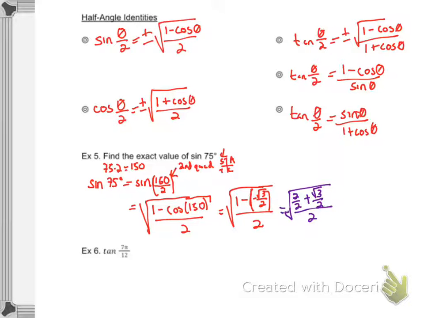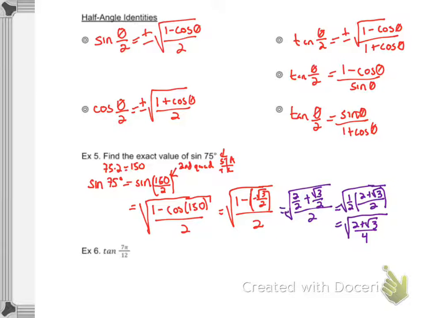We can rewrite this to make it just a little easier to see, maybe a little less confusing, as the square root of 1/2 times 2 plus the square root of 3 all over 2. That gives me the square root of 2 plus the square root of 3 over 4.